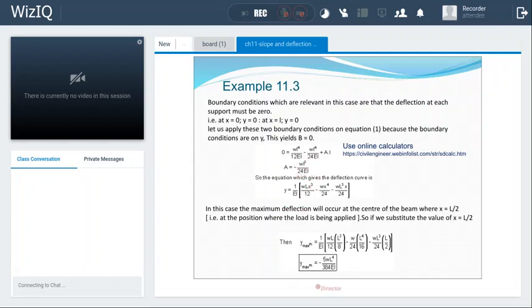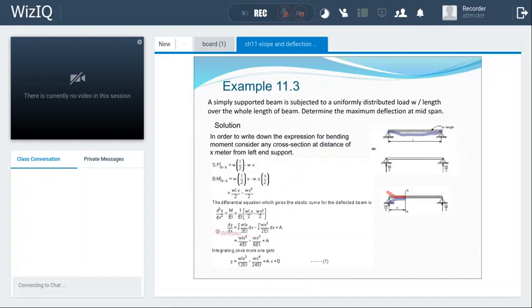If you see here, you can substitute, and this will give you the equation for slope. The value of A will be substituted here. So theta equal to, this is your slope here, and this is deflection.